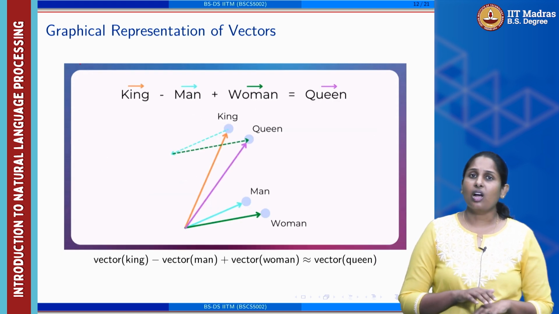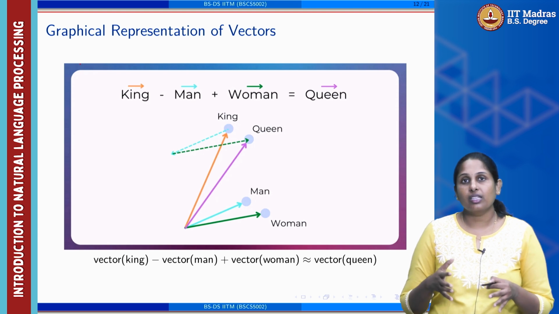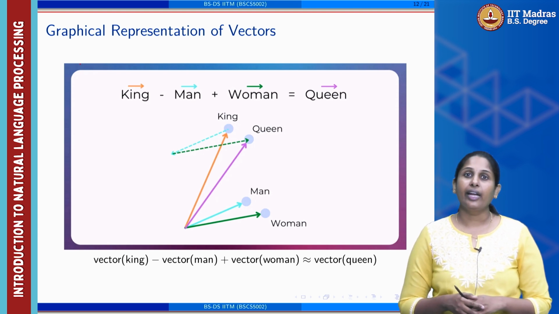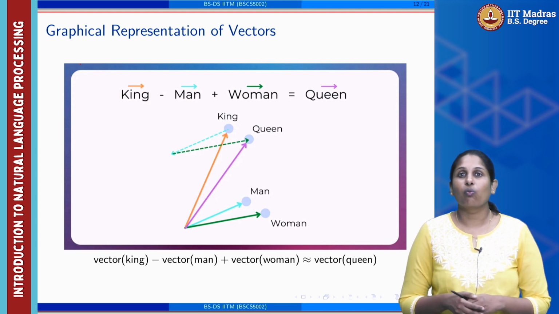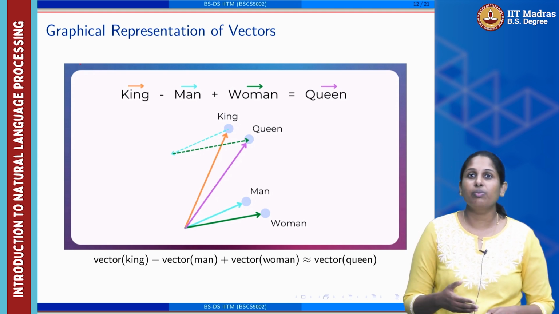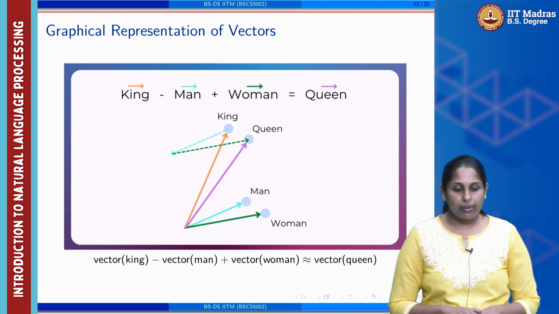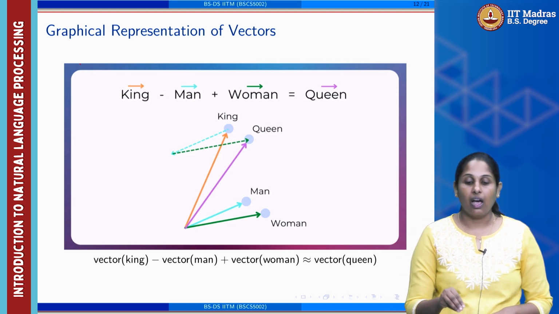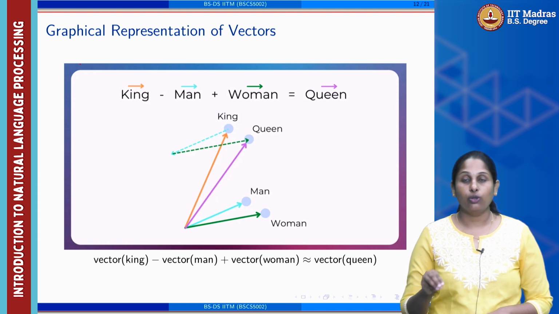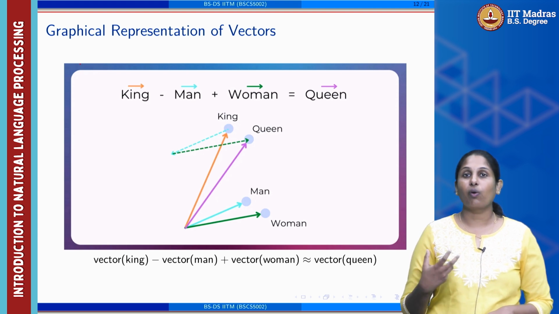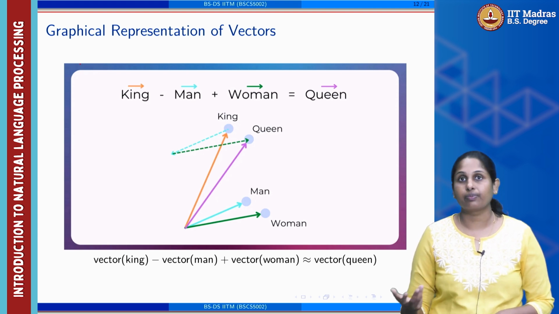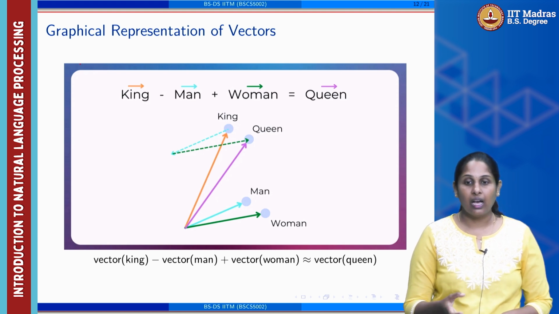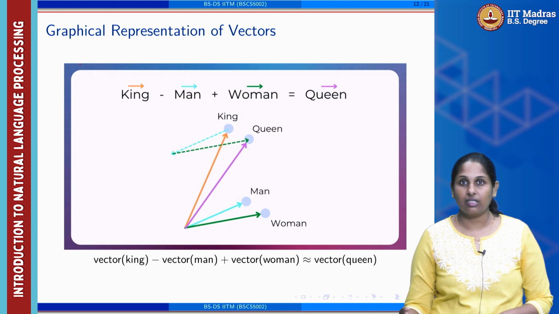This is not only helping us in grouping similar semantic representations of words, it also helps us in predicting which word is similar to another word. For example, if we have a vector for king, a vector for man and a vector for woman, we can work out the vector for queen, because from king you subtract man and add woman, and that gives us queen.